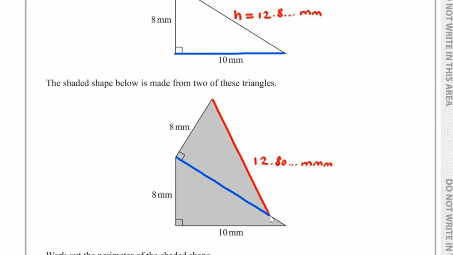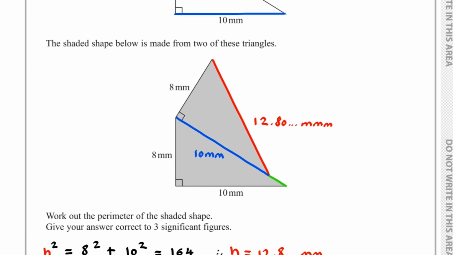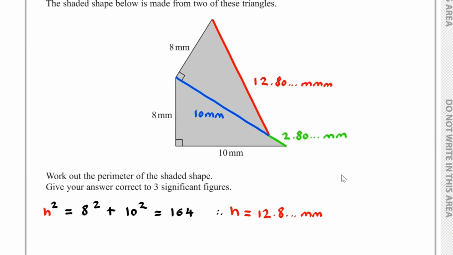And so I can find out this missing length. If I know that this is 10 millimeters, this entire length is 12.8 etc. So 12.8 etc. subtract the 10. This length over here is 2.80 etc. millimeters.